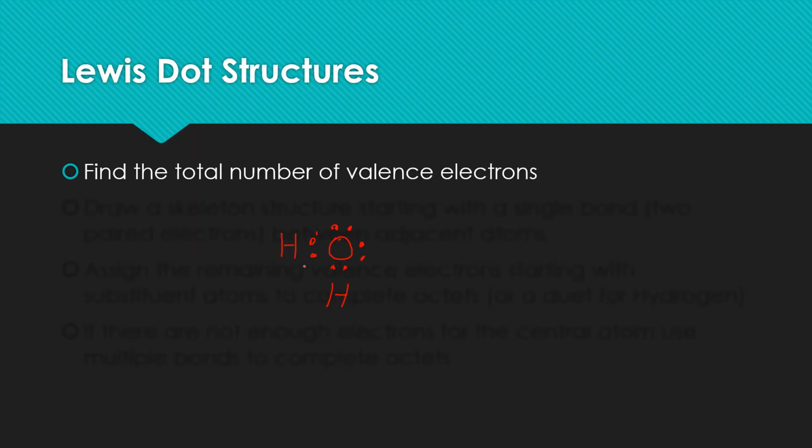And this hydrogen has a full shell, meaning it has 2. This hydrogen has a full shell, it has 2, and the oxygen has a full shell because it has 8. So if I were to draw it with the lines, it'd be H, line, O, line, H, where the lines represent a covalent bond.